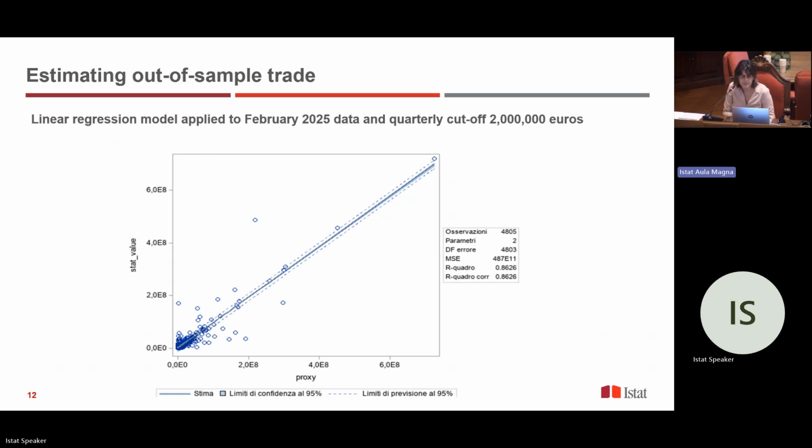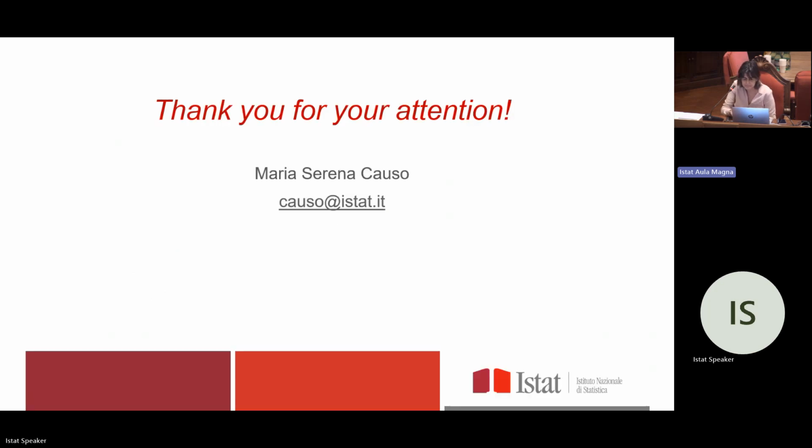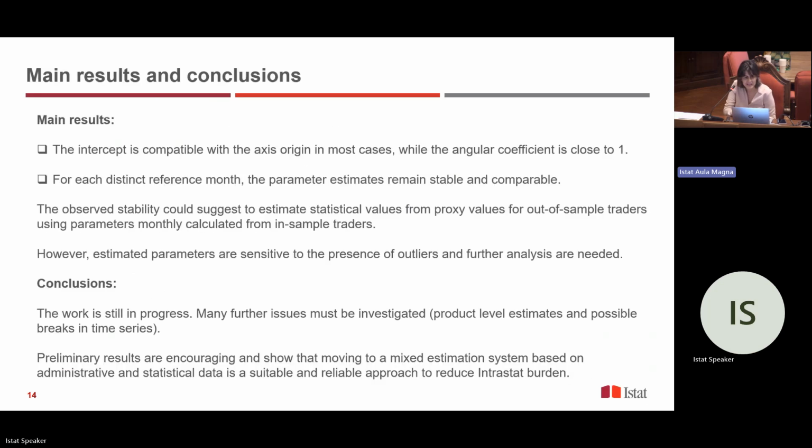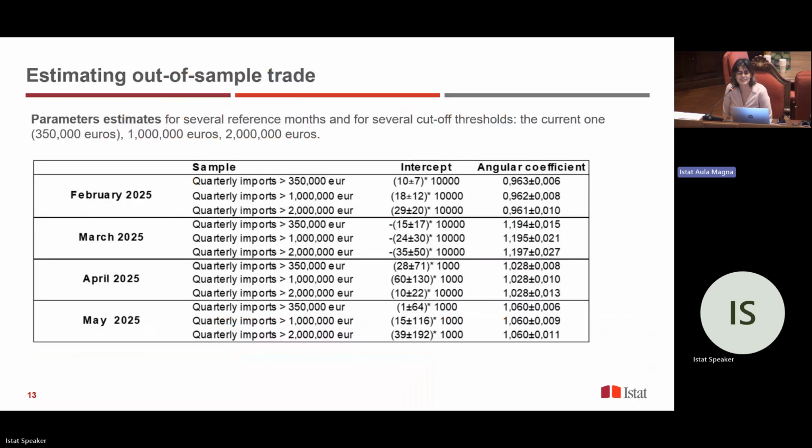The linear relationship still holds, with a limited number of observations because we are exempting 10,000 economic operators over 14,000 economic operators. But the parameters of the regression are stable. They do not depend so much on the threshold.